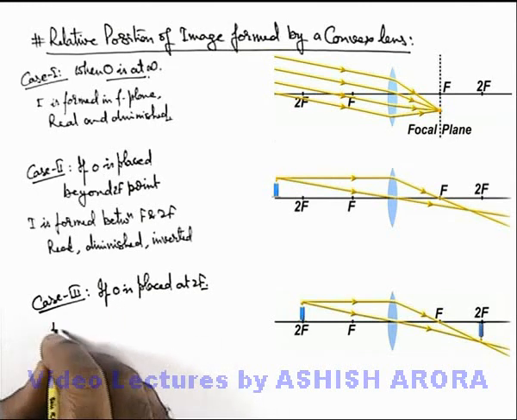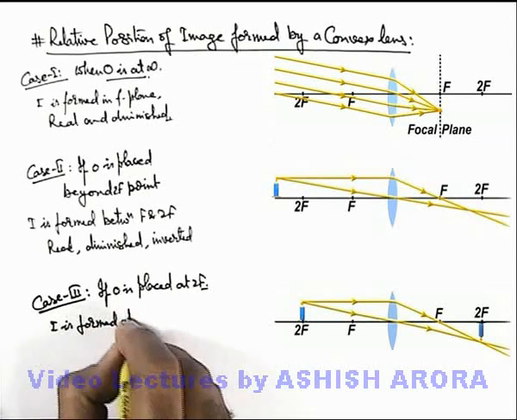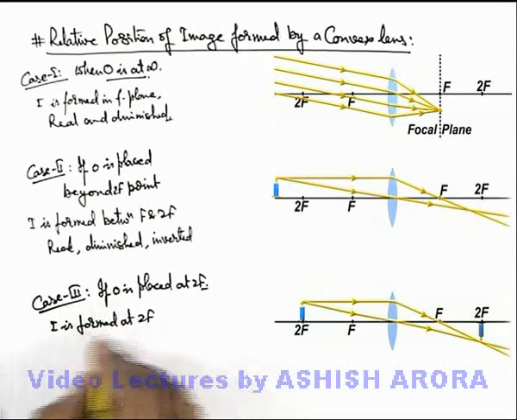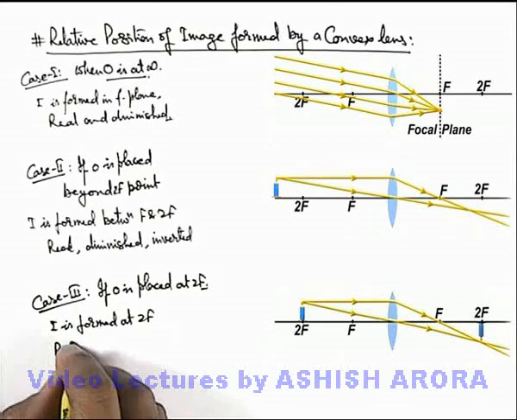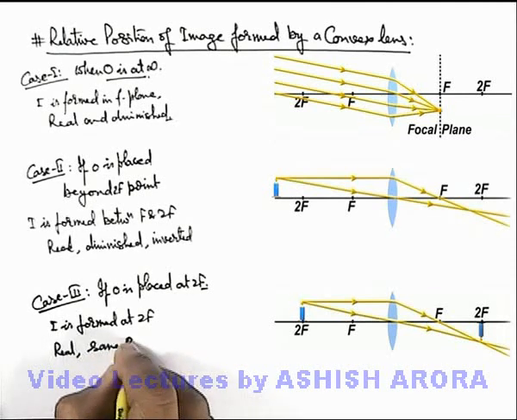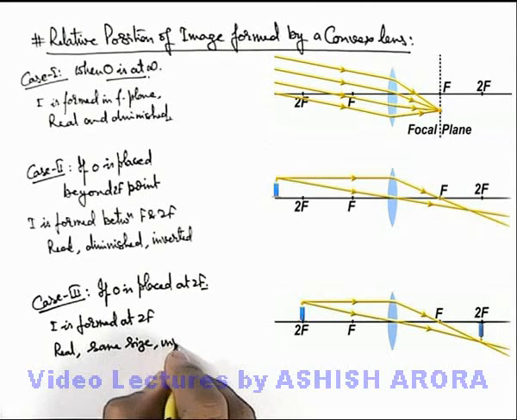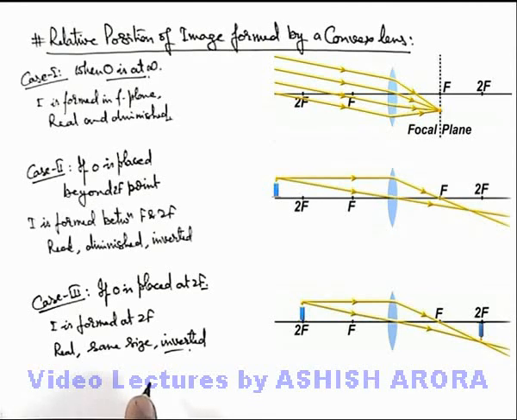So here we can write I is formed at 2f, and we can say this is real because refracted rays are converging, and it is of the same size. By geometry it can be easily verified, and as a real image of a real object is produced, it is inverted. Let's continue with more cases on the next sheet.